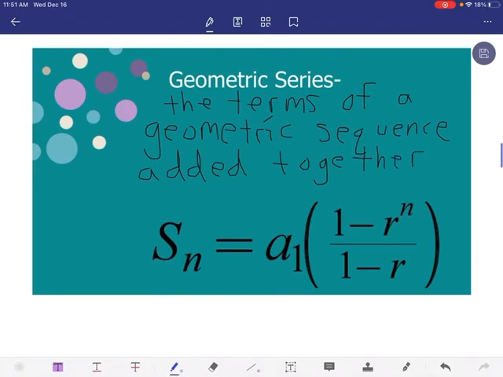And just like with our arithmetic series, we can find a partial sum of that. And our formula is given to us by s sub n equals a sub 1 times 1 minus r to the nth power divided by 1 minus r.